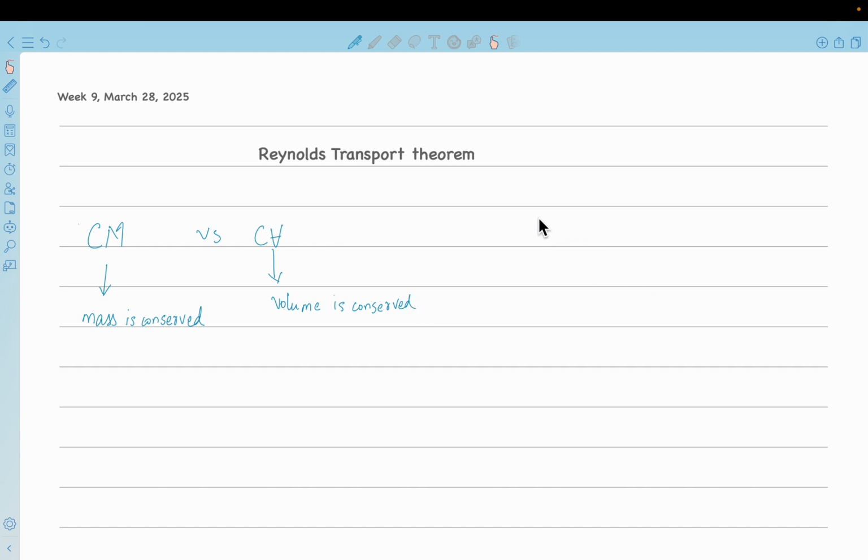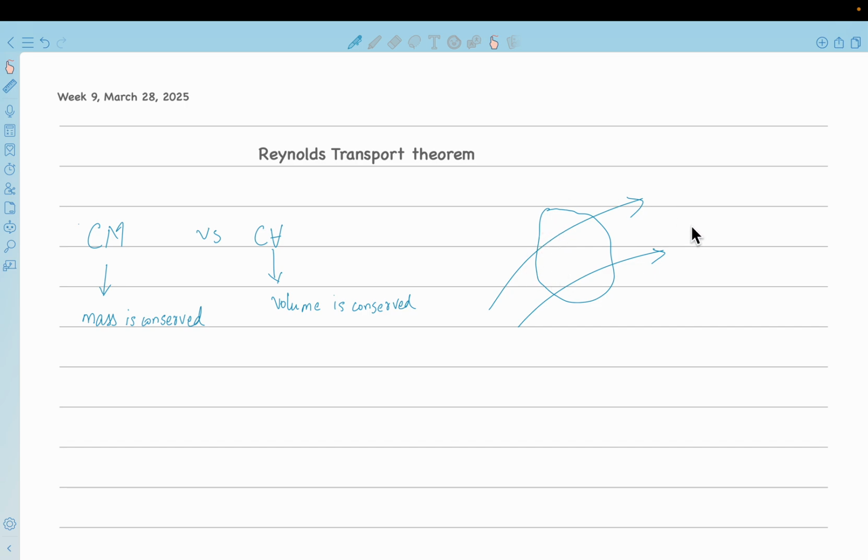So for example, let's say I have this particular object, it's a system, and let's say that there is some fluid inside this, but there is also flow. What I've drawn is streamlines, so there is flow, and at any time instant I consider this fluid blob.